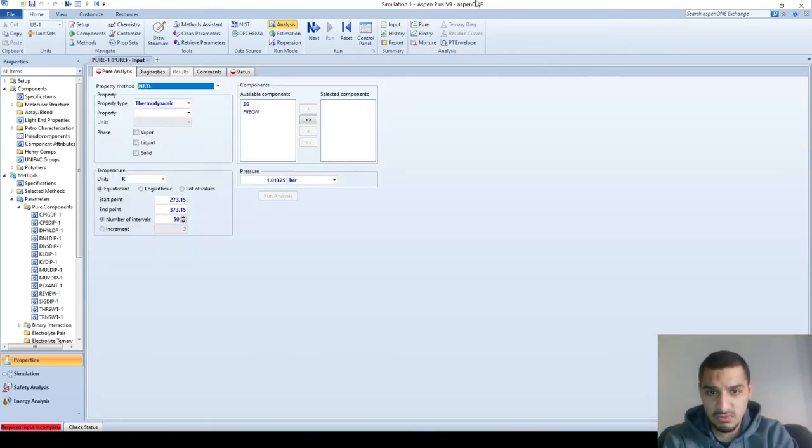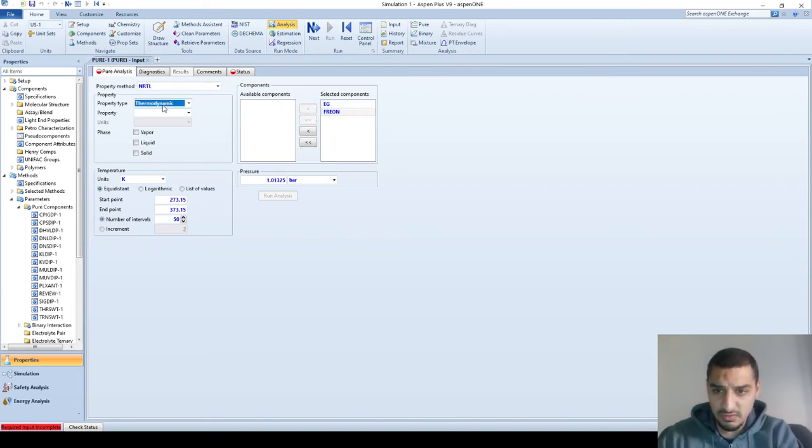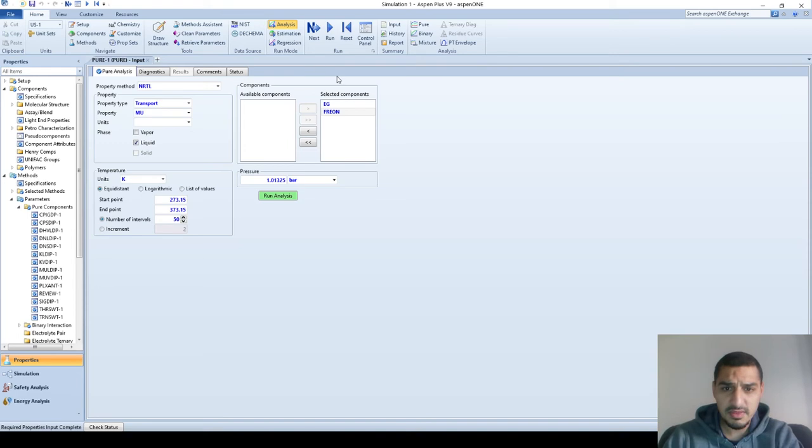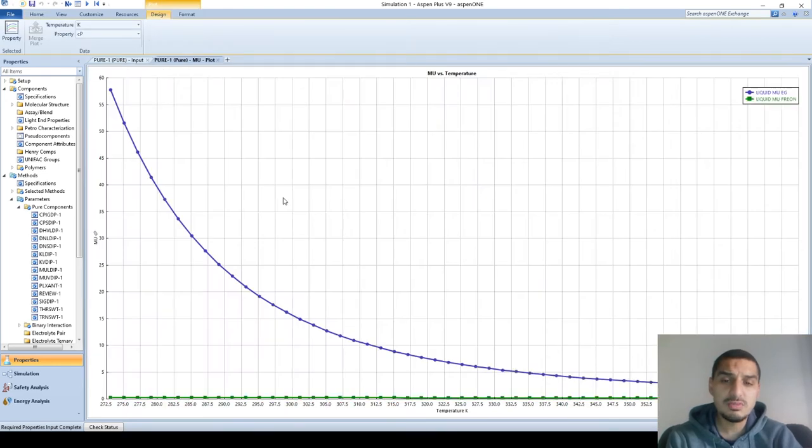So we will go to pure component analysis and go to the flow, the transport properties, and we'll find this is the mu. And these are the two fluids, and we will run the analysis. I don't actually care about the temperature, I just want to know which is more viscous.